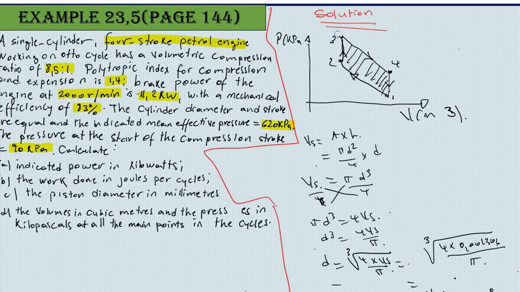If I work this out, you need to use the cubic root of 4 multiplied by 0.001306 divided by pi.